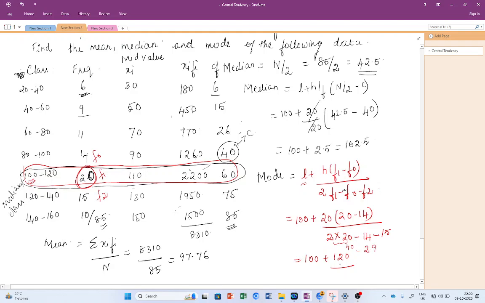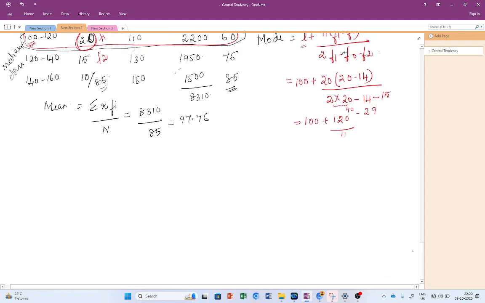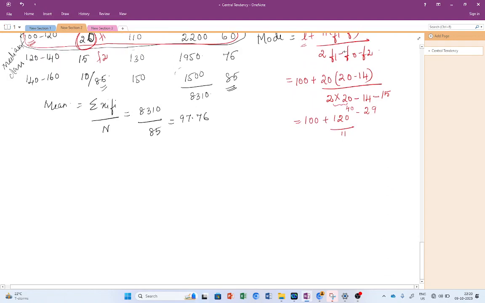So 40 minus 29 is 11. So this will be equal to 100 plus 120 divided by 11, which is 10.90.